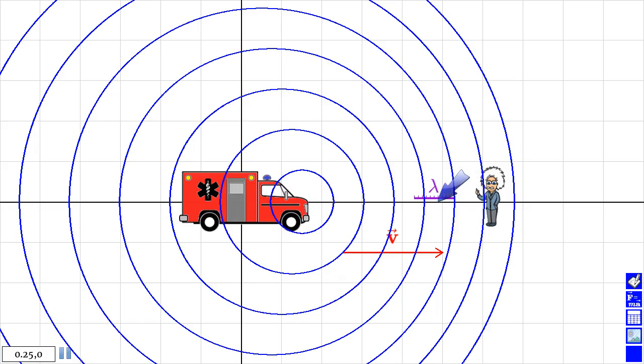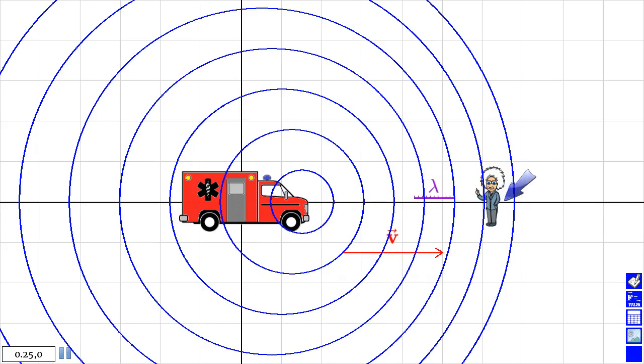And that means when our observer measures the distance between those wave fronts, he's going to find that the wavelength is only 3/4 or 0.75 of what the wavelength was when the ambulance was stationary. So in front of the ambulance, the wavelength is reduced by 1/4 because of the fact that the ambulance is moving at 1/4 the speed of the wave.